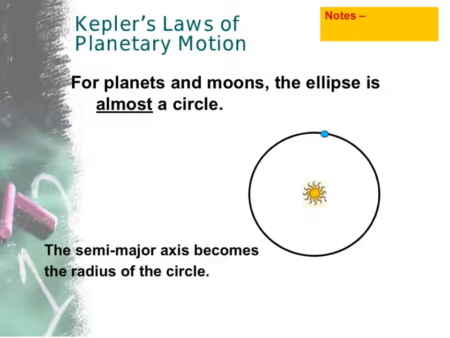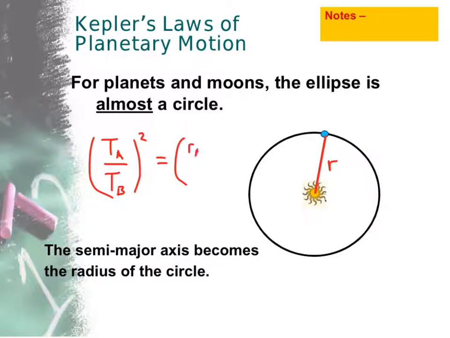So in this case, instead of talking about the semi-major axis, we would just think about this as the radius, r. Okay, so Kepler's third law says that if you have the period of one planet and the period of a second planet orbiting the sun, like say Mars, and you calculate the ratio of those two periods and square it, that would equal the radius of planet A's orbit over the radius of planet B's orbit, taken to the third power.